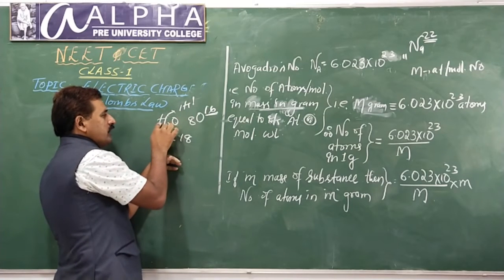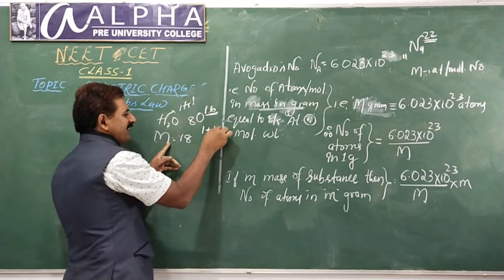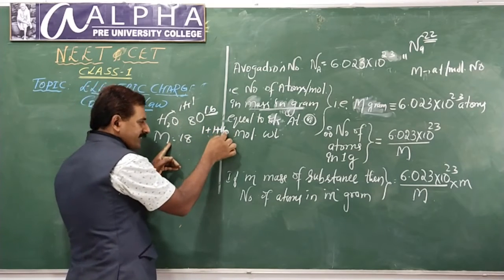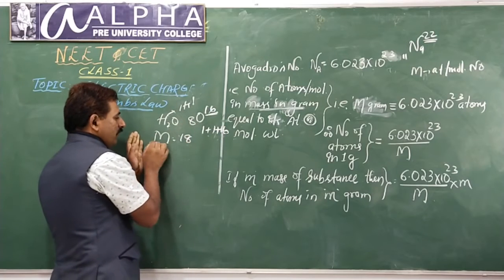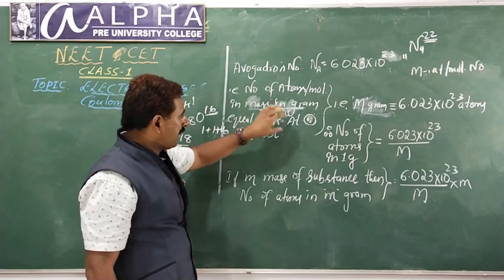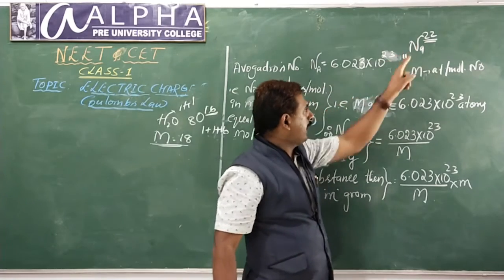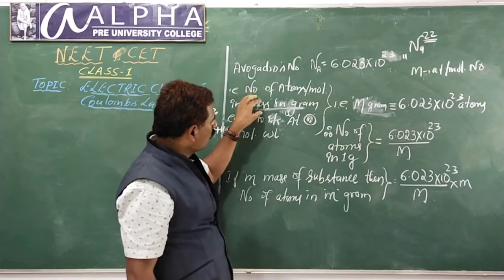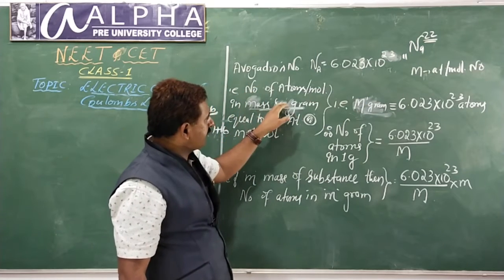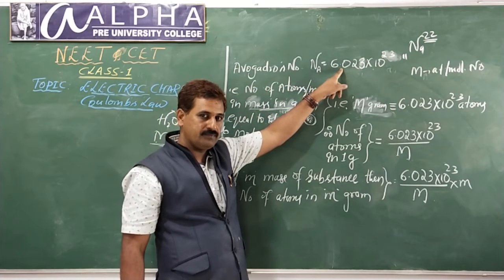There are 2 hydrogens, so 1 plus 1 plus 16, which is 18. Molecular mass of water is 18. So 18 gram of water or 22 gram of sodium contains this number of atoms or molecules.